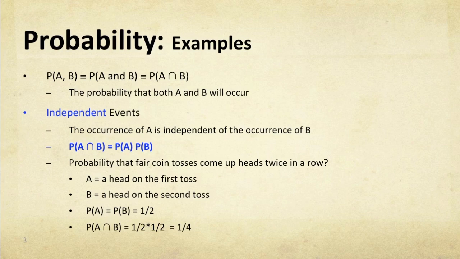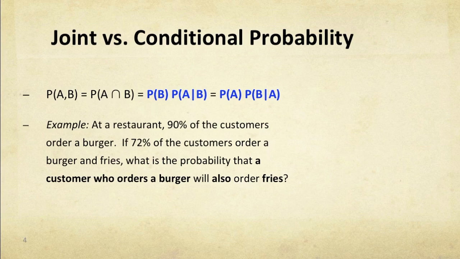Now, this computation is only possible if the events are independent. So bear this in mind, and it will be handy when we discuss the naive-Bayes model, when we take the independence assumption.